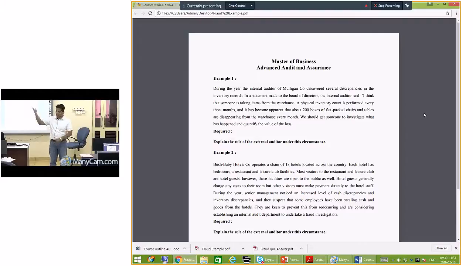And get a confirmation from the company or the management, right? And do more testing on that and make sure whether any fraud has happened, because it's pointed out that I think someone is taking items. So, there is no such guarantee that fraud has happened, right?